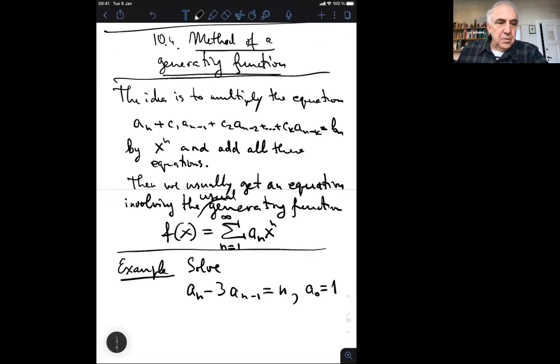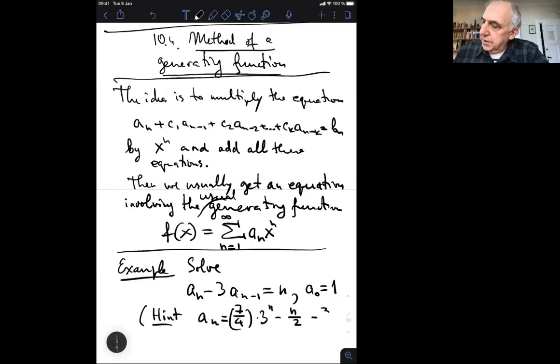In fact, we have already solved it before, so we have a hint, or we can use it once again. a_n should be equal to 7/4 times 3^n minus n/2 minus 3/4. So we should get the same answer.